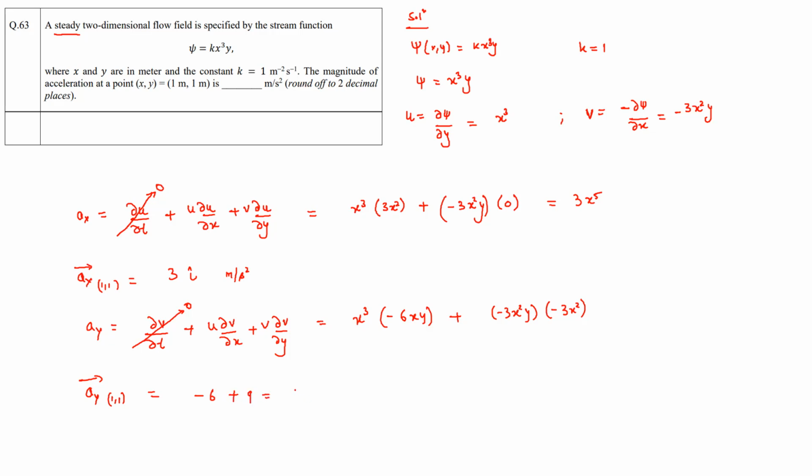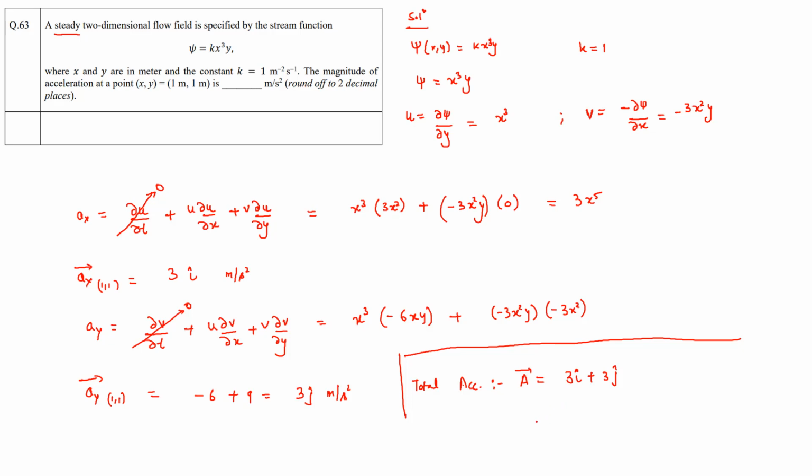So again this is equal to 3, and since this is in the y direction we can call it 3 j cap meter per second square. So the total acceleration, let's write this down here. The total acceleration vector A is just 3 i cap plus 3 j cap.